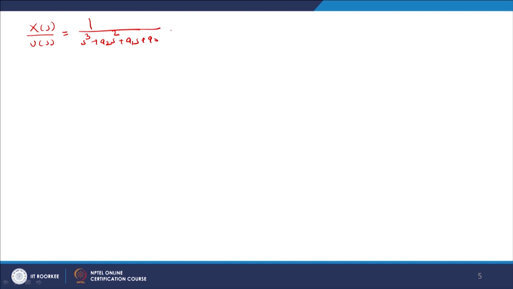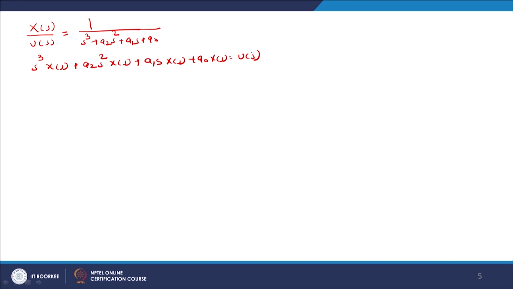Now, what we have to do here? We solve these equations, we will get s cube X(s) plus a2 s square X(s) plus a1 s X(s) plus a0 X(s) equals U(s). See here, s cube X(s), a2 s square X(s), a1 s X(s), a0 X(s) and U(s). Now, what we will do?